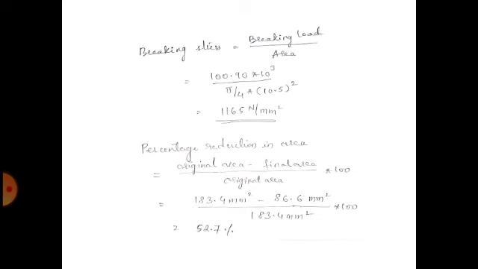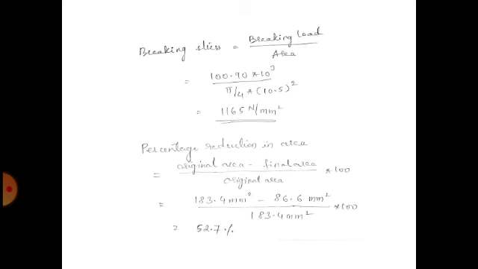Final area is pi by 4 into d square. D here we have taken 10.5, that is the final diameter. When the specimen breaks, we join the two pieces and measure the final diameter, that will come 10.5.